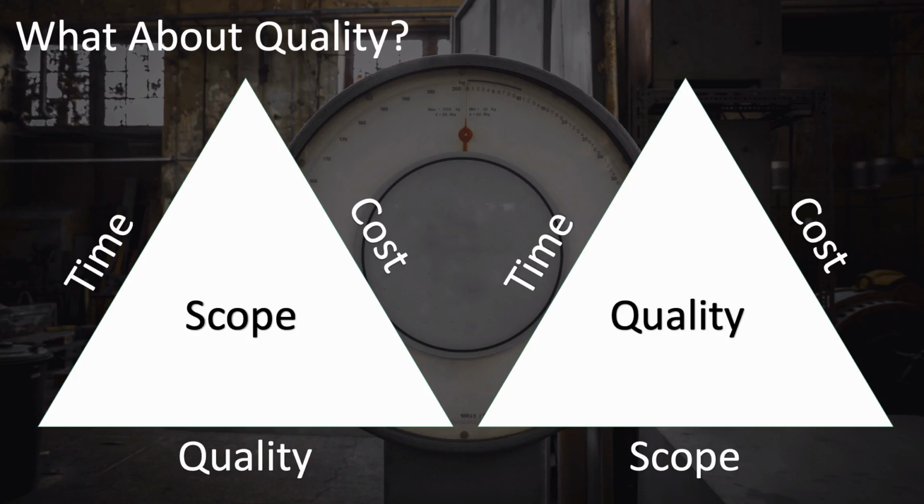But again, you have this problem that reducing the scope line doesn't reduce quality, it tends to increase it. So this triangle doesn't quite fit reality either. In both cases, these triple constraint triangles don't really adequately capture the relationship between scope and quality.